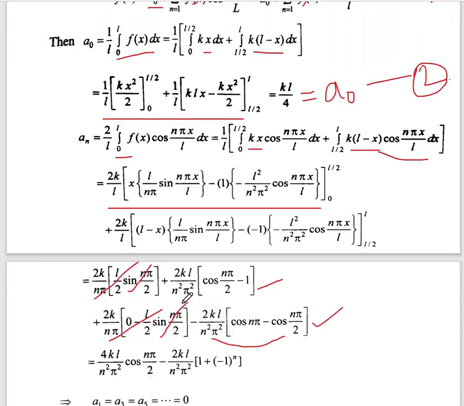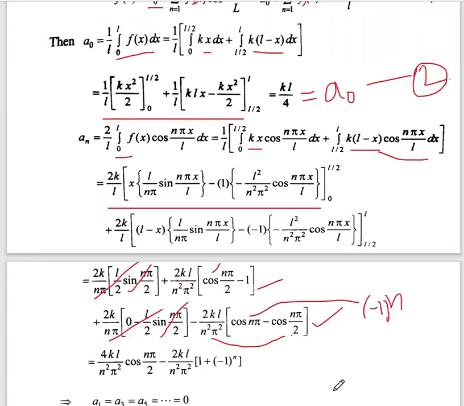Next, multiplying this term, we get minus 2kl upon n square pi square, minus into minus 1, and this term, minus 2kl upon n square pi square cos n pi, and we know that cos n pi is minus 1 to the power n.